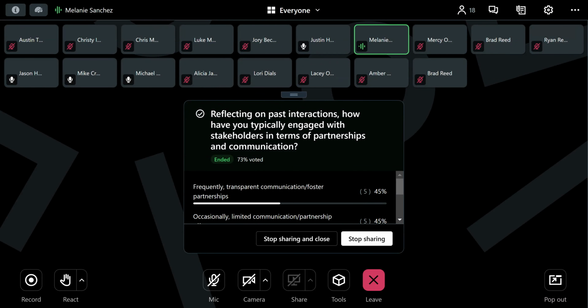So it looks like typically when you're engaging with stakeholders in terms of communication, it's either very frequently or occasionally. I don't see anyone who put inconsistently, and only one person said rarely, which is great. So wait, sorry guys, stop sharing and close.